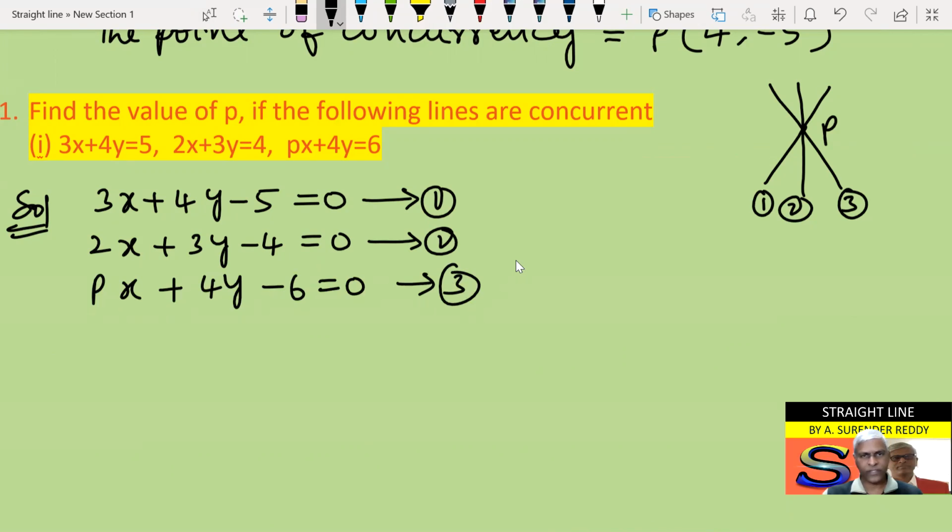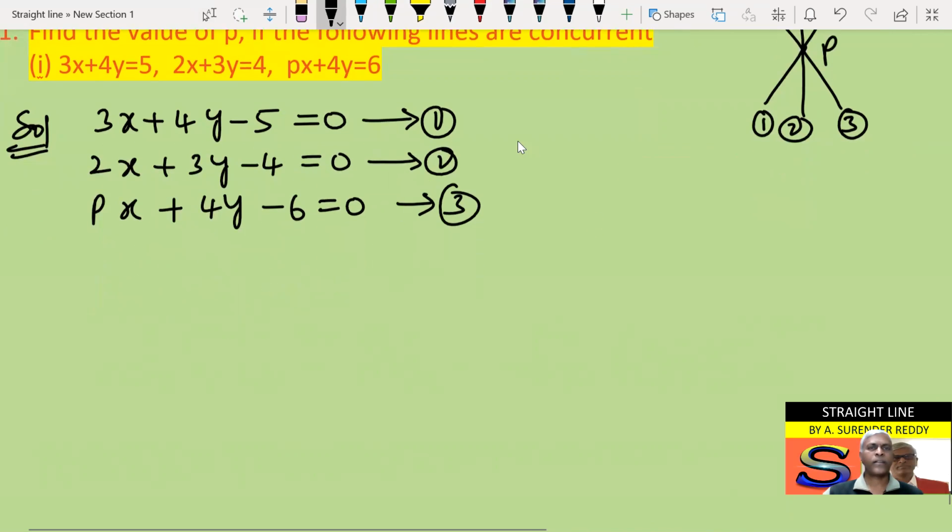Almost similar to the previous one. The lines are concurrent, it is given. So they should meet at a common point P. So the point of intersection of 1, 2 and 2, 3 and 1, 3 should be the same. Let us find the point of intersection of the first two lines, and it should satisfy the third equation. So substituting it in the third, you will get the p value.